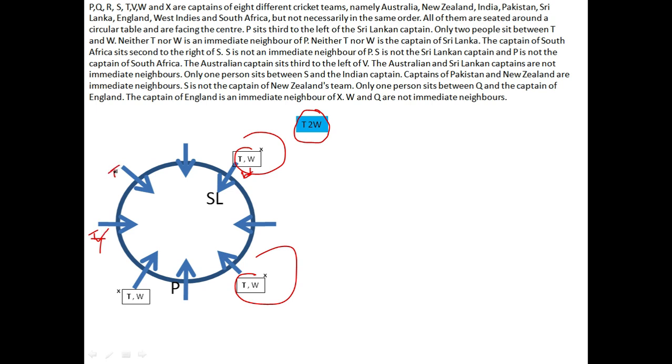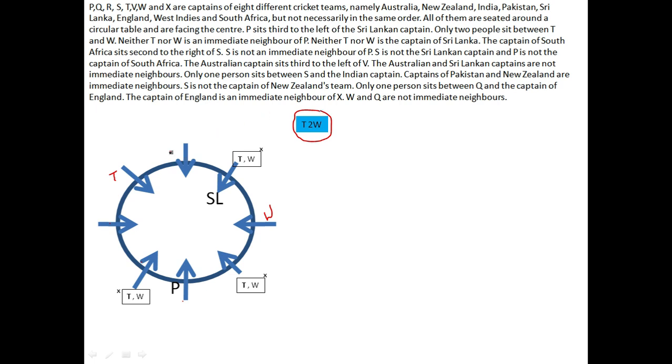If T is at this position, W could come at this position, which is not possible because P is sitting already here. Another possibility is that W is sitting at this position. One thing you should remember: there are 2 persons between T and W. It's not saying whether T is to the right of W or to the left of W. Okay, so this is one thing.